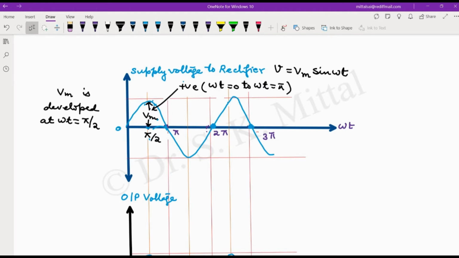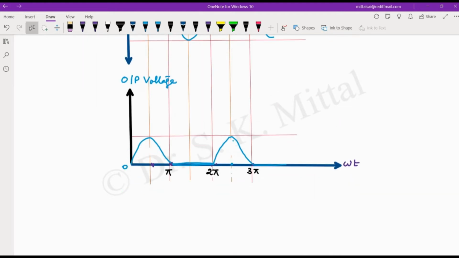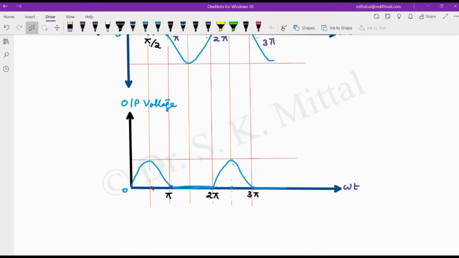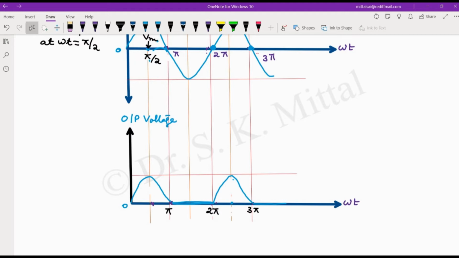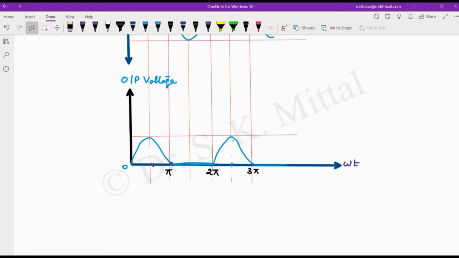If it is applied, then we have proved in the previous video that this output voltage will be obtained across the output terminal, where at omega t is equal to pi by 2, across the load, maximum value is Vm.